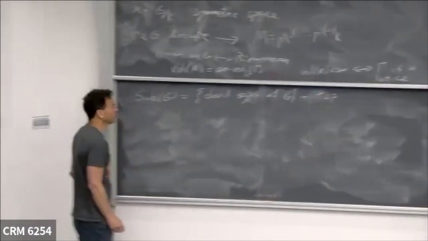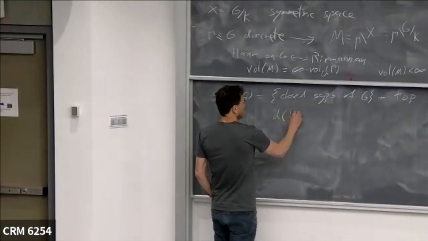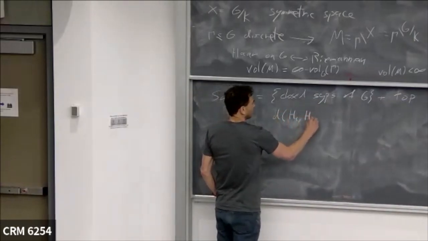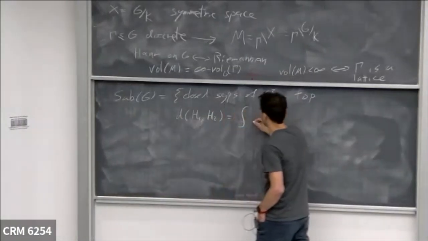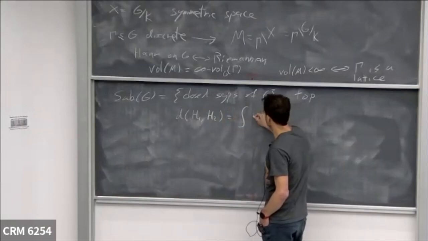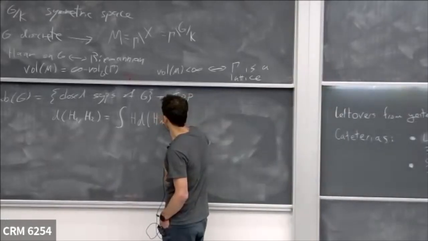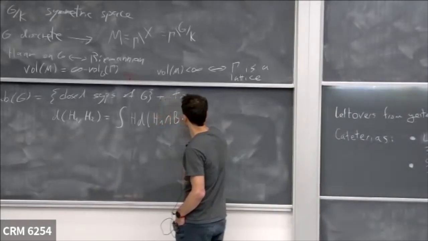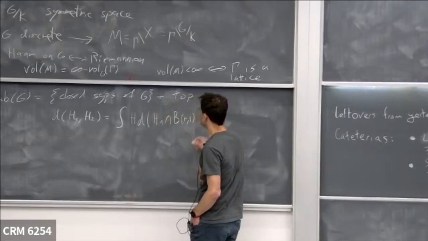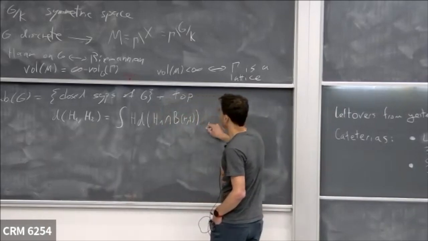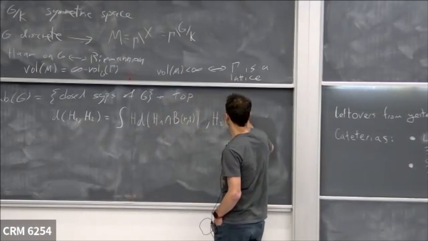Maybe the fastest way to define it is to say that the distance between two groups is the integral of the Hausdorff distance between the intersection of H1 with the ball of radius R around the identity in G, and the intersection of H2 with the same ball.